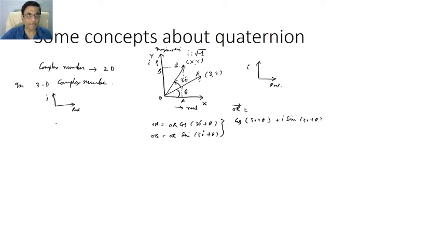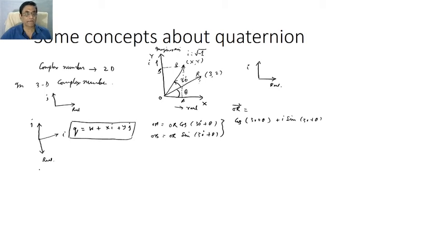So now I can create a three-dimensional space with i, j and the real axis. The complex quantity represented in this space will be one real quantity plus xi plus yj. So in 3D, the complex quantity will look like this.